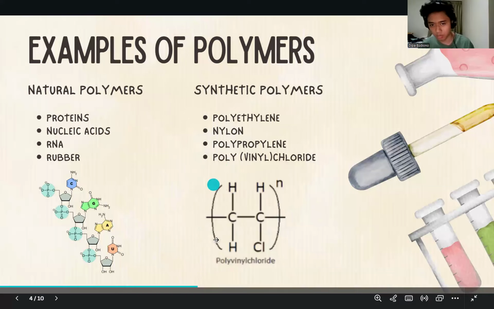To write your repeating unit, you can remove the double bond and put brackets around it and use n. n is how many times the monomer repeats itself. Also, a picture here is of an RNA, which is also considered a polymer with four monomers here, which are ACGT, if you learned that in biology.